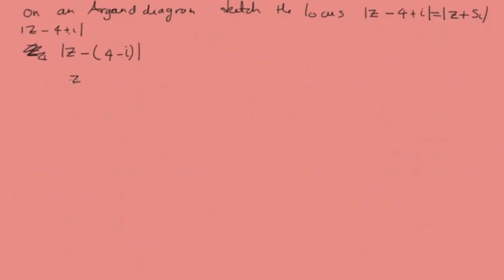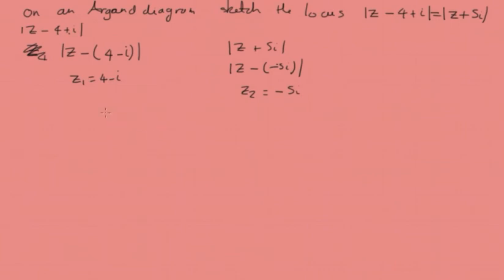So z1 is going to be 4 − i. And our other one was z + 5i, so that's going to be z minus −5i. So z2 must be −5i.